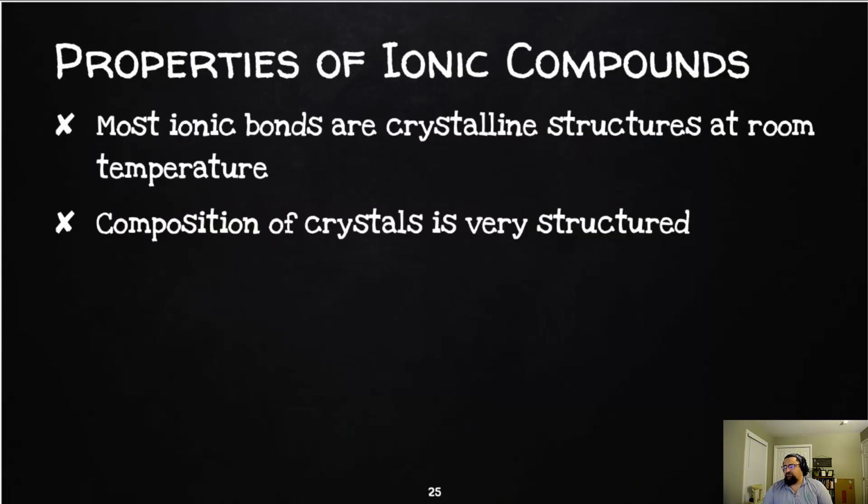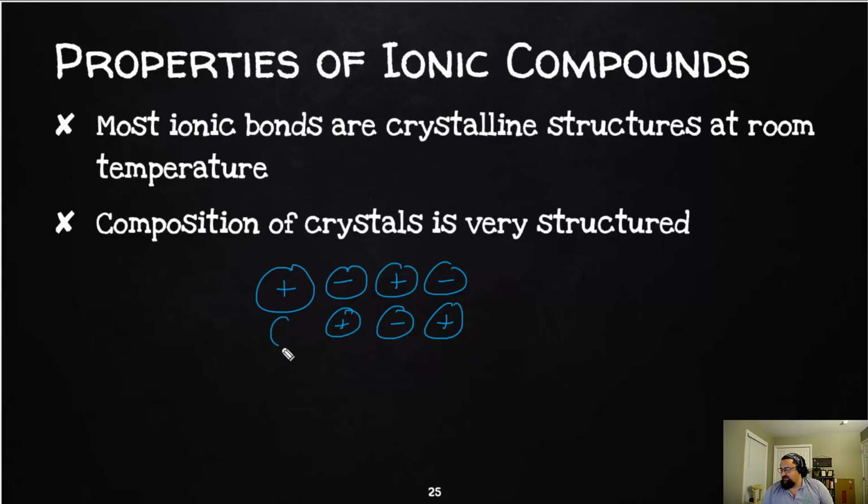All right, so now let's just do a couple properties, and then we'll be done with ionic bonding. So the cool thing about ionic bonding is it takes on a crystalline structure, which is really just because it's ionic and you have this connection. When you do this, it takes on a positive, negative, positive, negative, positive, negative, lattice-like look, okay?